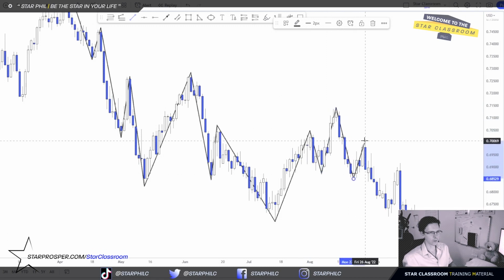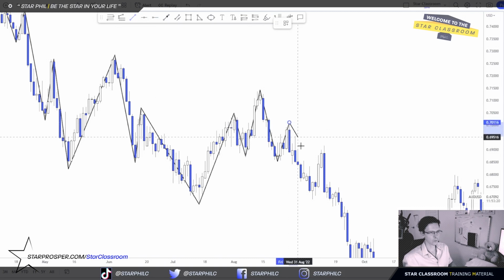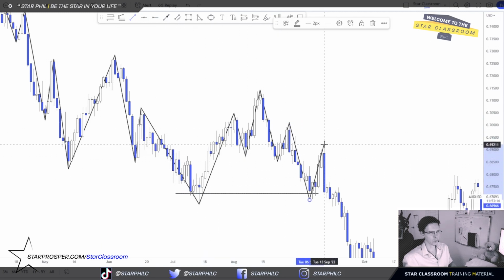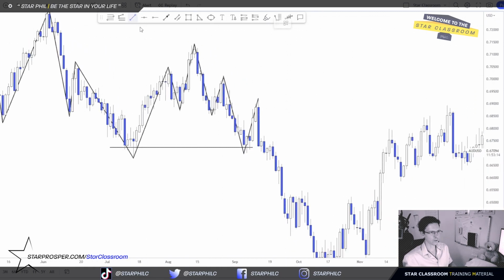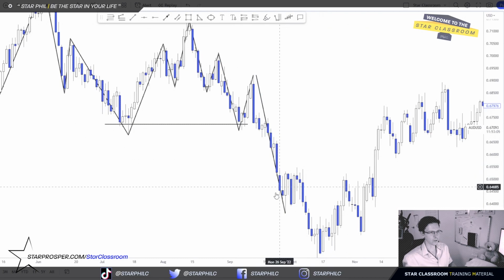So moving sideways. Retest right here, a little bit of sideways movement, and then we finally retest the lows, get another pullback, and then price action decides to close below this low here and this low here, giving us a new structure low.